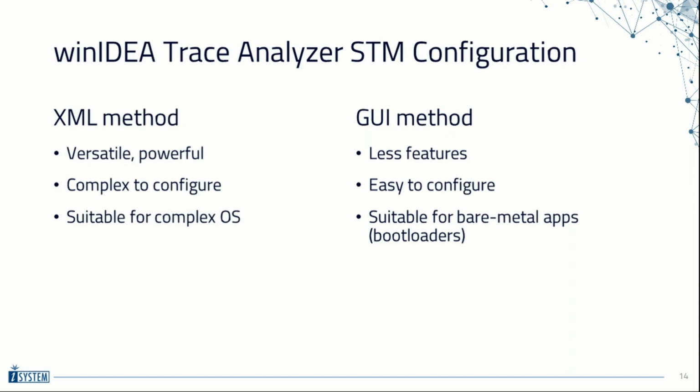So I will show you how to configure this via the graphical interface way. And if you're interested in the XML option, the application note that I already mentioned also contains information about this XML configuration, so look forward to that.